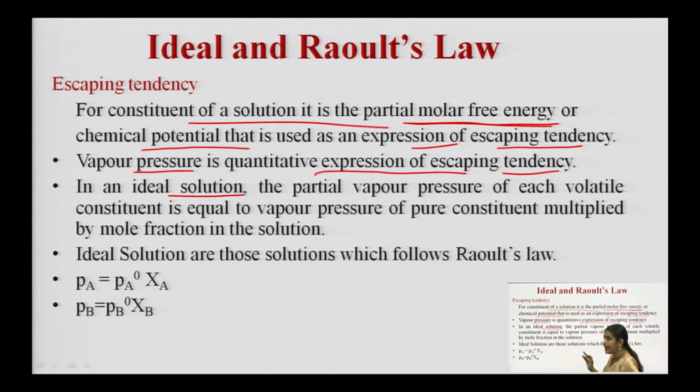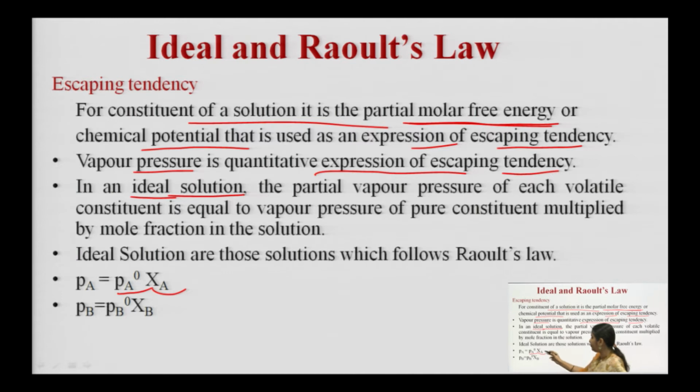Raoult's law states that in an ideal solution, the partial vapor pressure of each volatile constituent is equal to the vapor pressure of the pure constituent multiplied by its mole fraction in the solution.